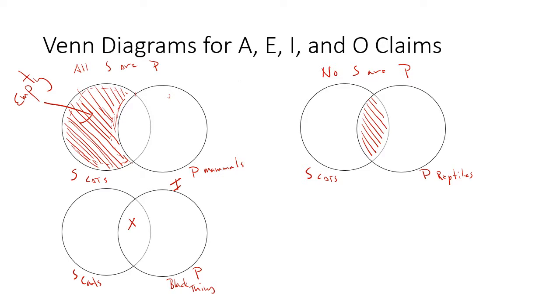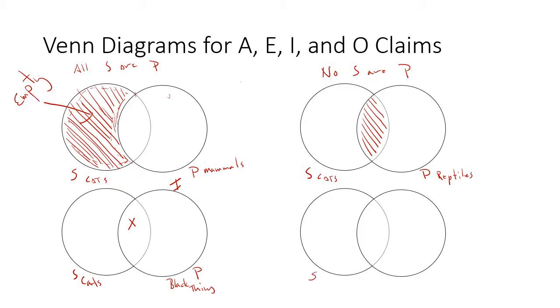So there's Gabby, or if you have a black cat, that's your black cat's name there. That's how we indicate the particulars. So the particulars just involve an X, and in this case, with the I claim, it goes in the overlap. Now with the O claim, some S are not P, we just have to move the X to a different spot.